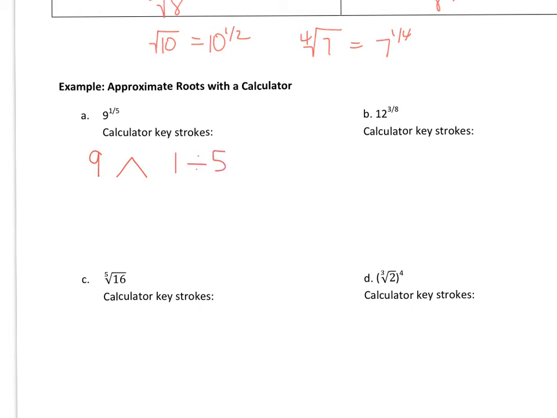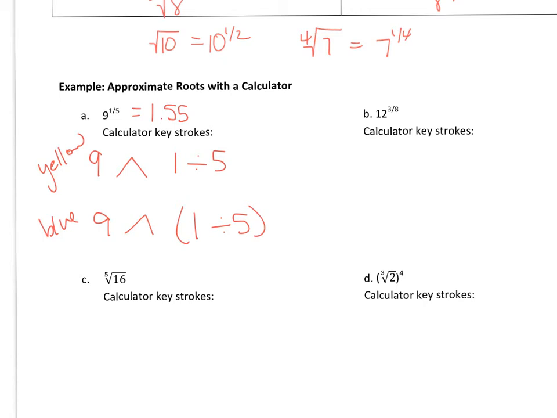On the blue, you're going to have to do 9 caret parentheses 1 divided by 5. And then just hit enter, and you should get 1.55, and we'll just round that to 2 decimals.